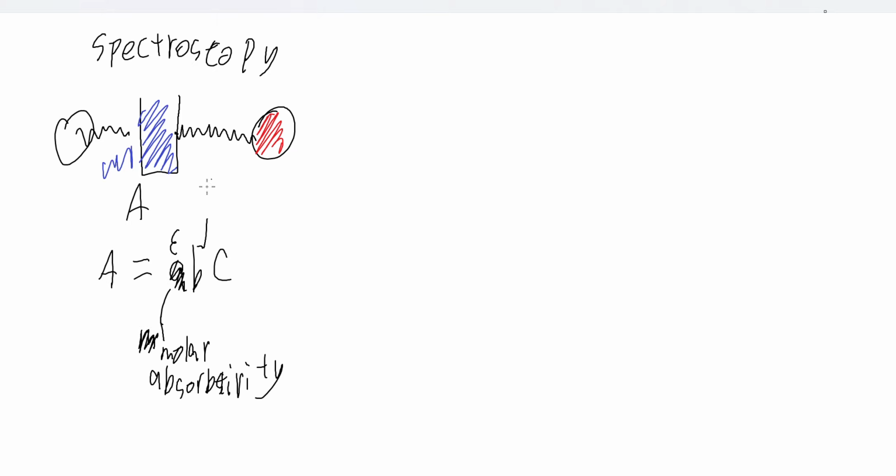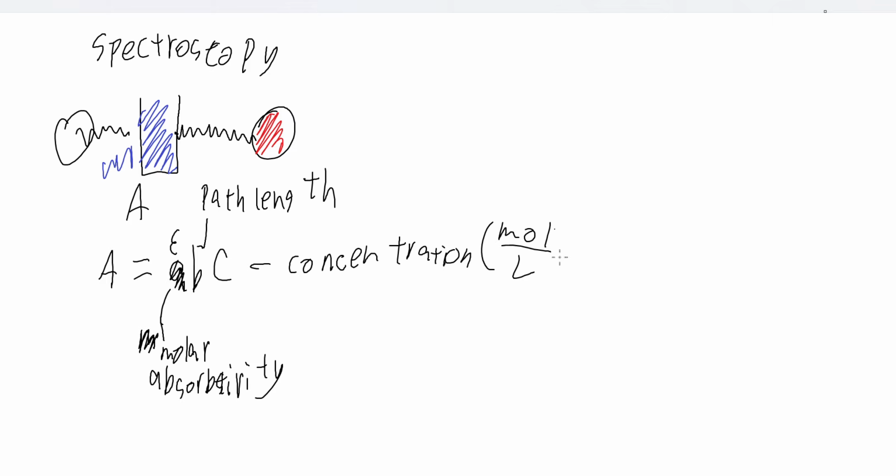b is usually path length, and c is concentration in moles per liter, because concentration is literally just how much stuff is there per unit volume. Molar absorptivity is in units of inverse molar, inverse centimeters, because path length is usually in centimeters.